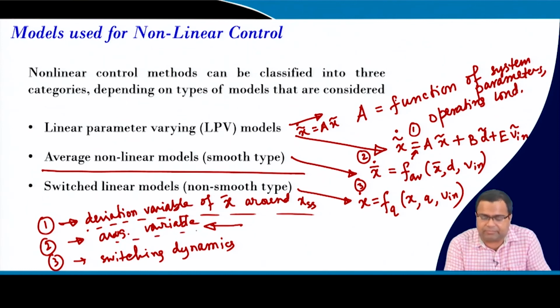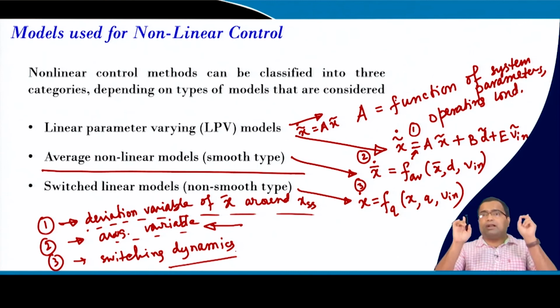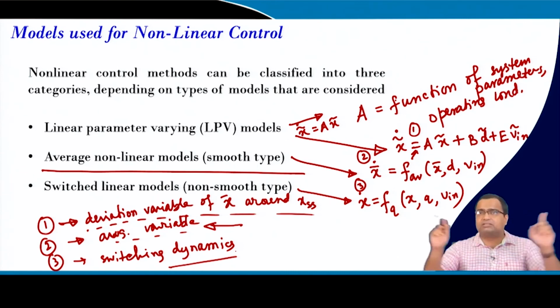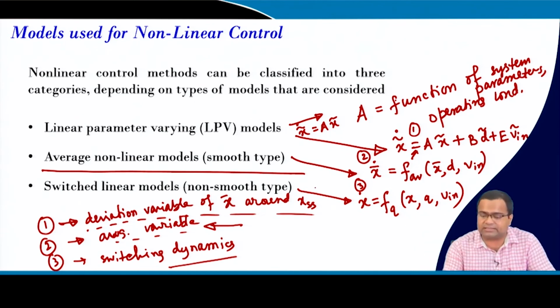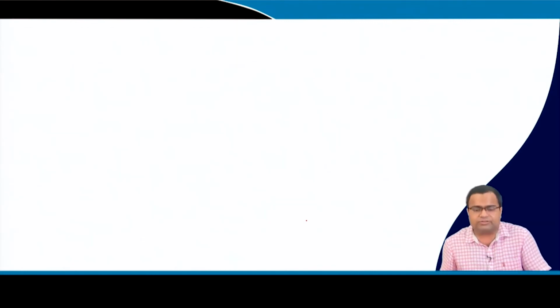The switching dynamics model is the one which takes care of the switching behavior, and it can get the fastest performance, which cannot be achieved using either of these two models, I would say.